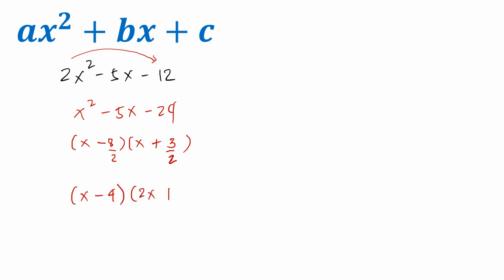So we have 2x plus 3. So the factors of 2x squared minus 5x minus 12 are x minus 4 and 2x plus 3. You can check by multiplying these two binomials using the FOIL method, and you will get 2x squared minus 5x minus 12. The factors are x minus 4 times 2x plus 3. Let us have another example.